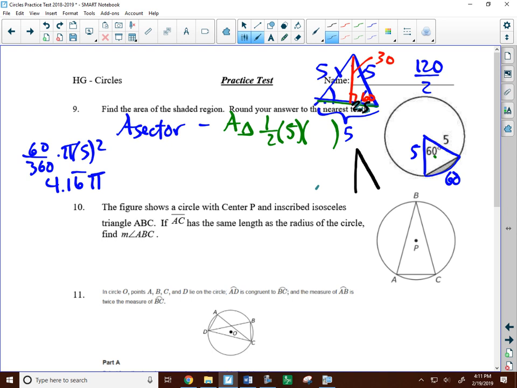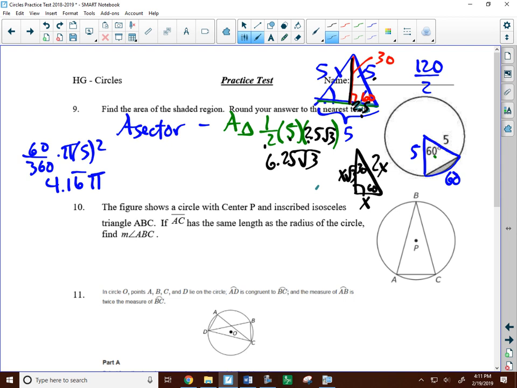In the 30, 60, 90, it's x, 2x, x radical 3. So the hypotenuse is 5, half of that is 2.5, so this is 2.5 radical 3. Half of 5 times 2.5 is 6.25, and I kept the radical 3.